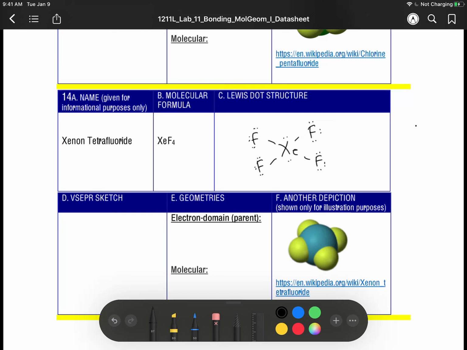Okay, so here we see that we have 6 electron domains, so our electron domain geometry is octahedral. And we have 2 lone pairs, so we get square planar for our molecular geometry.